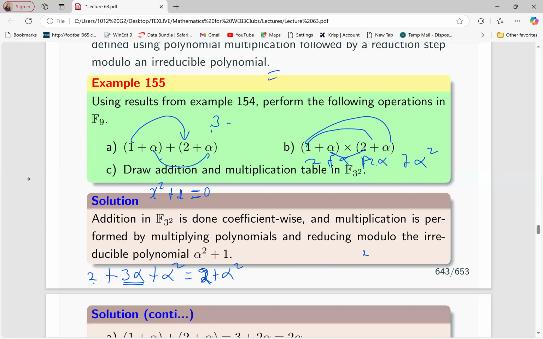So it's in fact the same as alpha square is minus 1. Where there's alpha square, you put minus 1. So this becomes 2 minus 1, which is 1.